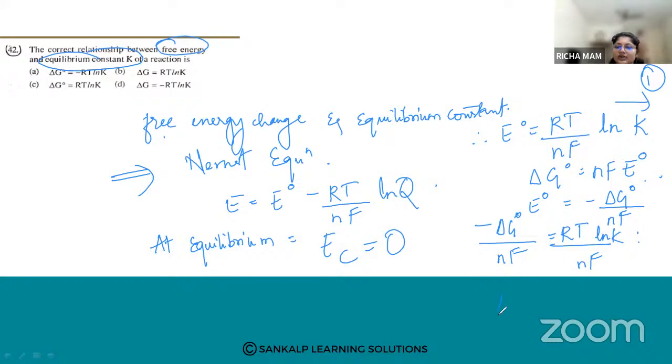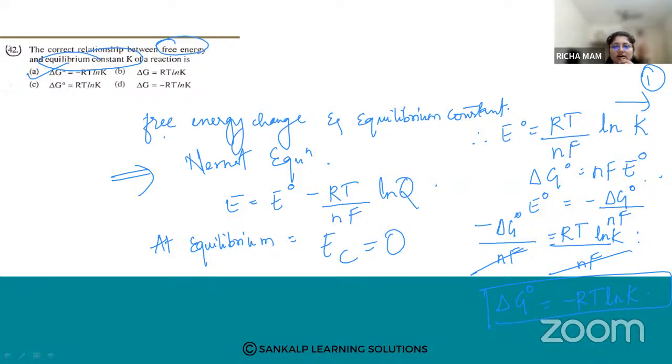So NF gets cancelled, and therefore delta G naught is equal to minus RT ln of K. Which is the answer here? Option number A. So this is the relationship between free energy and equilibrium constant.